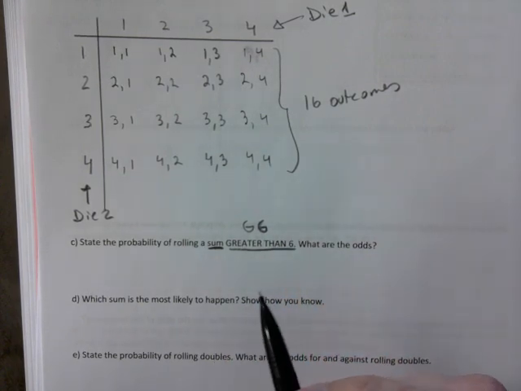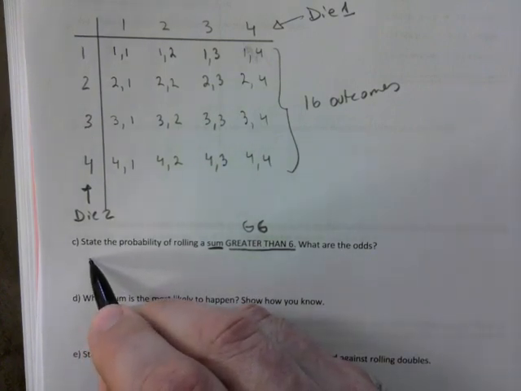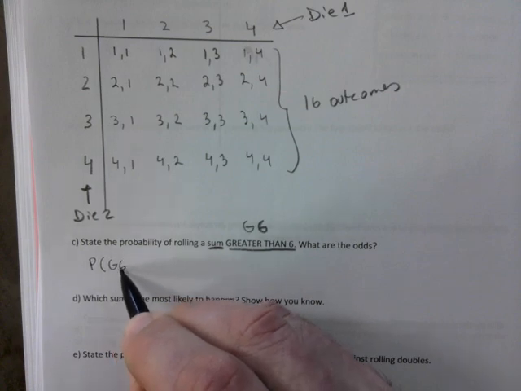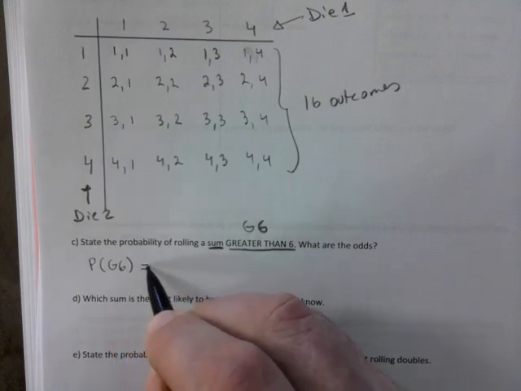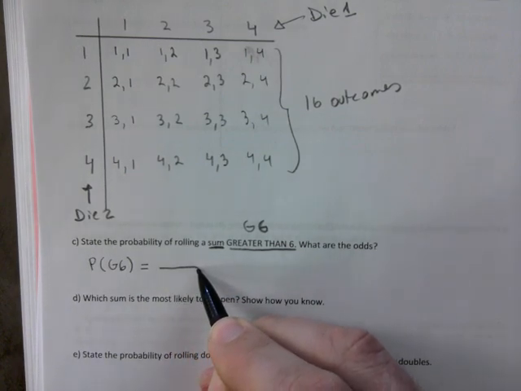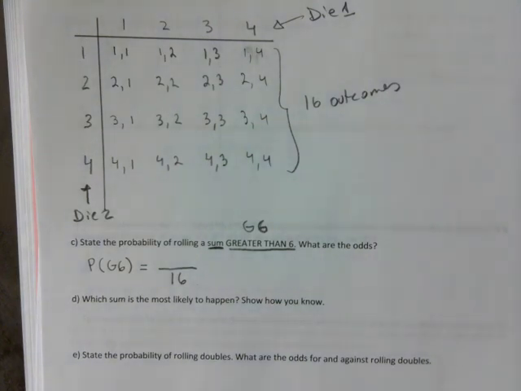Isn't there a Pontiac G6 or something like that? Anyways, G6. So probability of getting a sum that's greater than 6. I know without even looking at the chart that there are 16 options, right? That is a given.